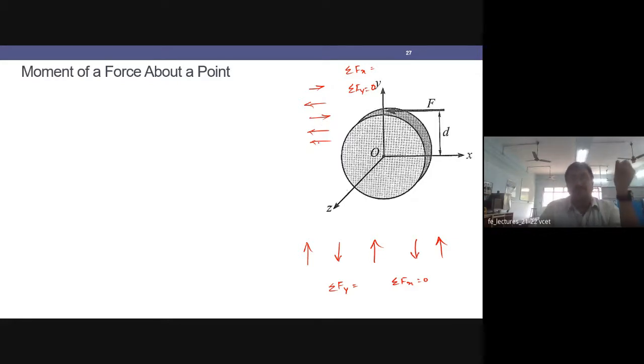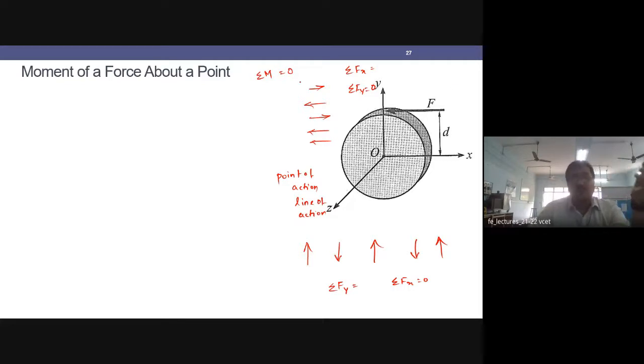But the point of action, or the line of action of the resultant, I have to find out. Previously I had just sigma Fx and sigma Fy. Now I am adding the summation of the moment, sigma M equal to 0.